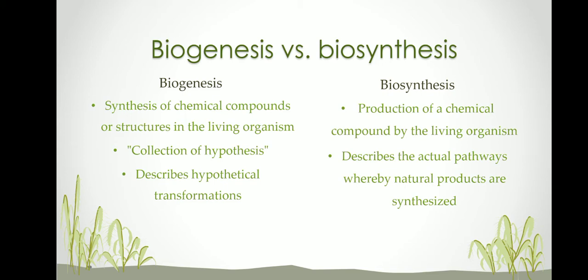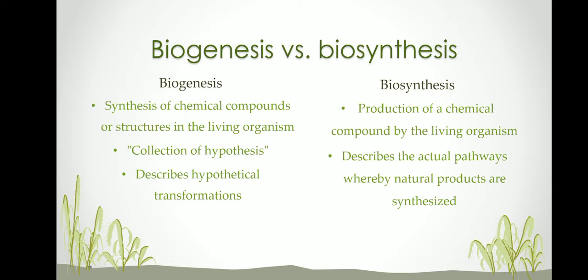By studying these biosynthetic pathways we can identify how the natural compounds are synthesized in the living organism. Furthermore, biogenesis is often an overall picture and does not necessarily state individual steps which are involved in the synthesis.